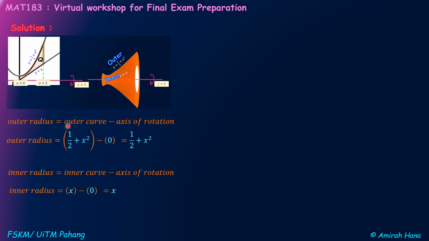Okay, under washer method, after we find the outer radius and inner radius, then we can set up volume by washer. Okay, the formula for volume by washer is equals to single pi. We integrate outer radius squared minus inner radius squared. If axis of rotation is a horizontal line, under washer method, we need to integrate with respect to x.